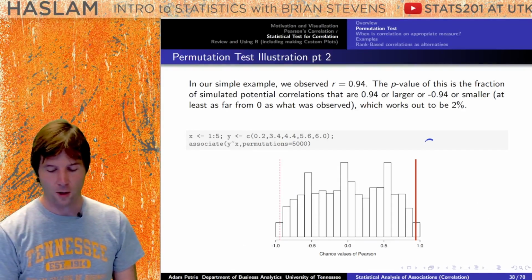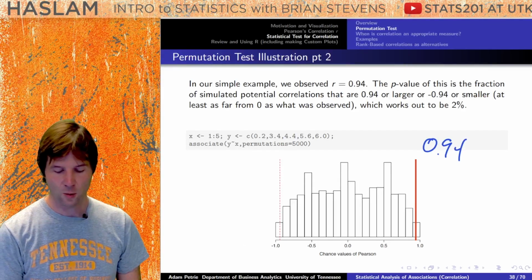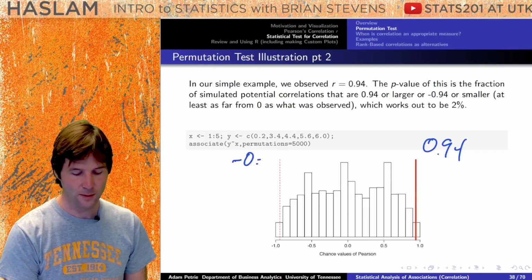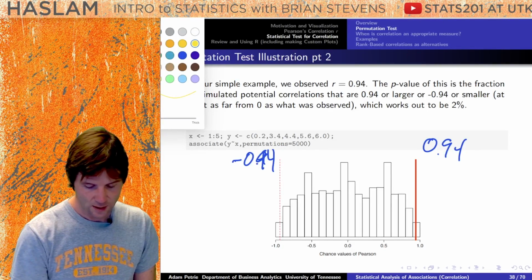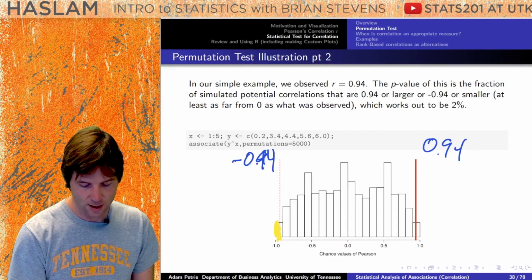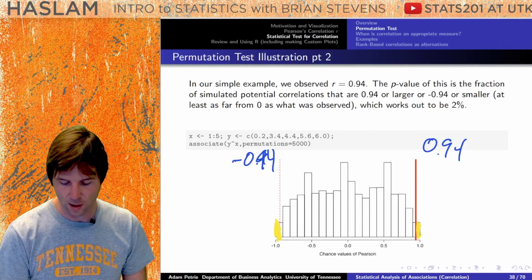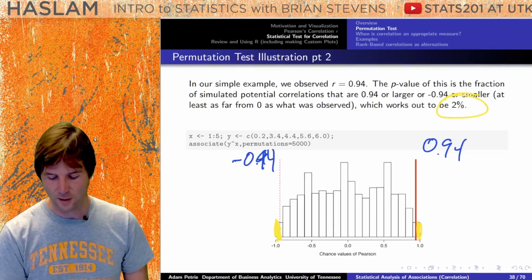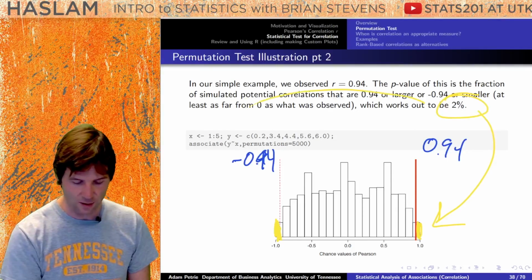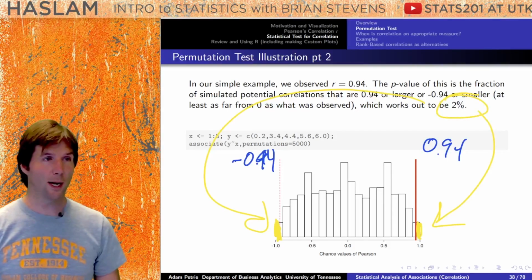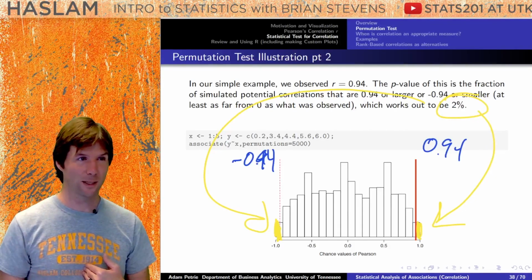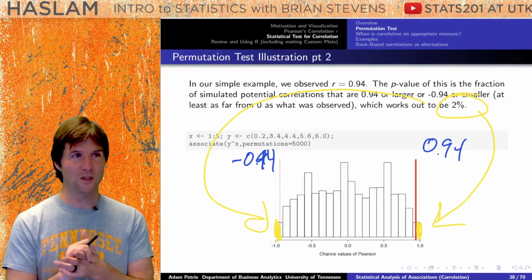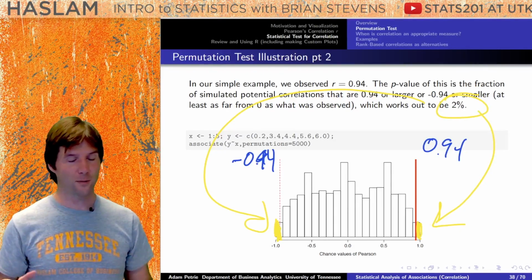Now we plot our correlation and a correlation just as extreme, and then we figure out the probability of something just as extreme happening. And notice that there's very little just as extreme or more extreme than our result, meaning the p-value, which is the amount of shaded area outside the curve, is very small, i.e. 2%, which means we think our result is not by random chance. Low p-value means statistically significant, unlikely by random chance.